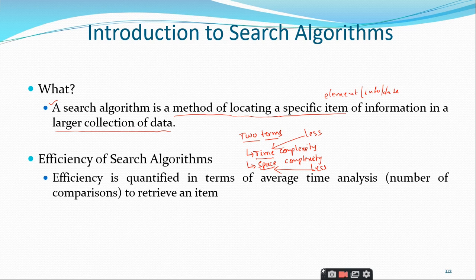Because in the present generation, we have a lot of memory available at very cheap costs. You have 1 terabyte of storage available for just 4,000 or 5,000. You can take the primary memory also. Previously the cost of primary memory was very high, but right now you are getting 16 GB of RAM for just 8,000 or something like that.